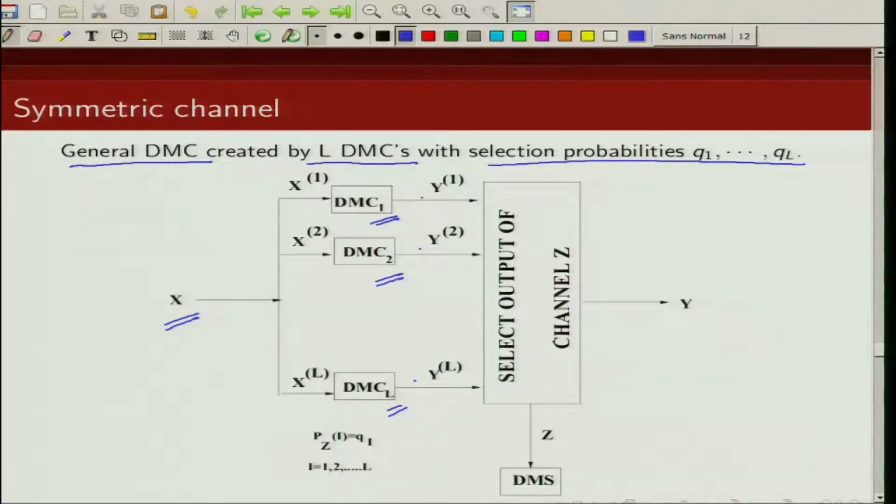So the output, you can think of, is that I am choosing either this channel, this channel, or this channel, and this is my selection probability. X is my input here, Y is the output of the discrete memoryless channel, and Z is deciding which channel is being chosen.